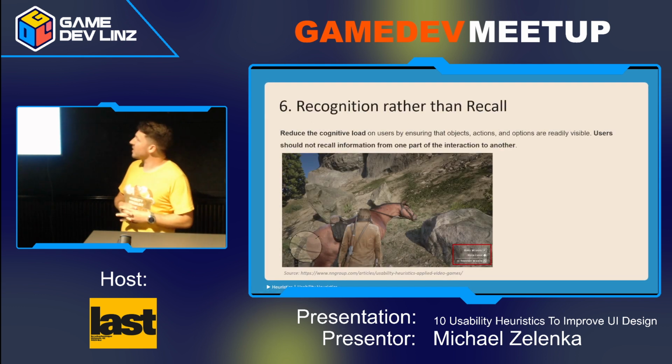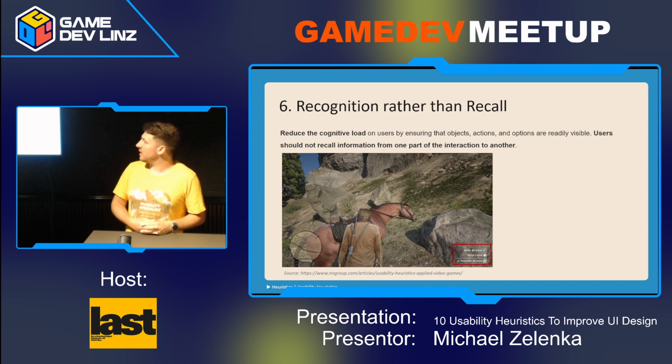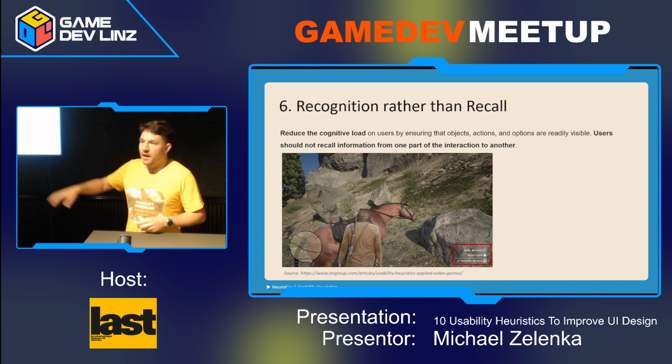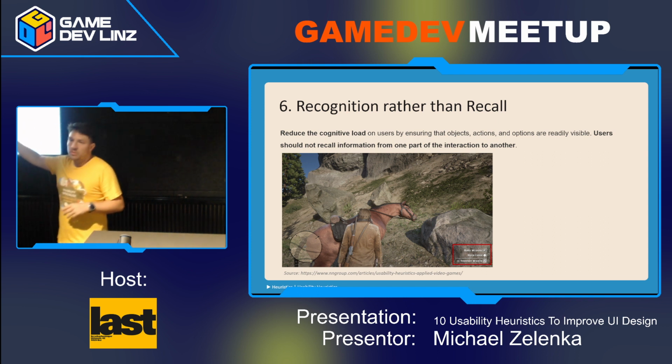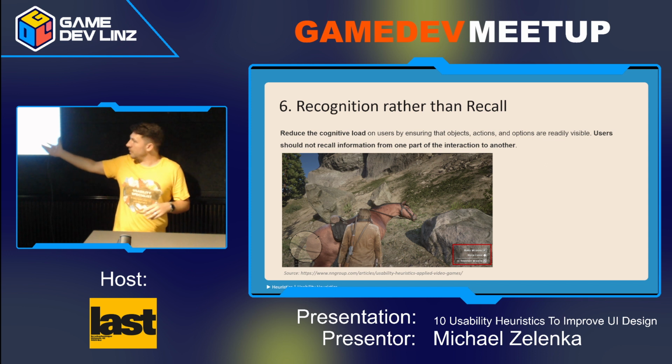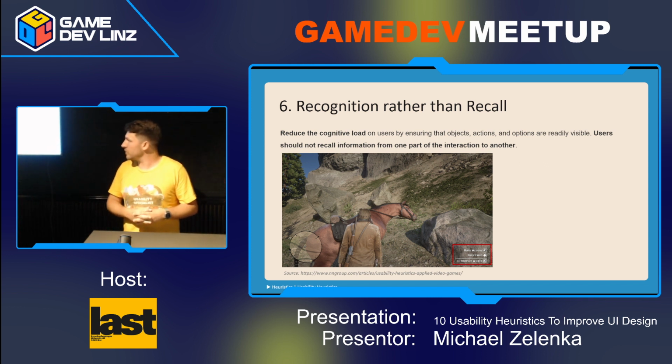Recognition rather than recall. You probably see it a lot in AAA games that they have their own UI overlay where you always see the common or most used controls you need.